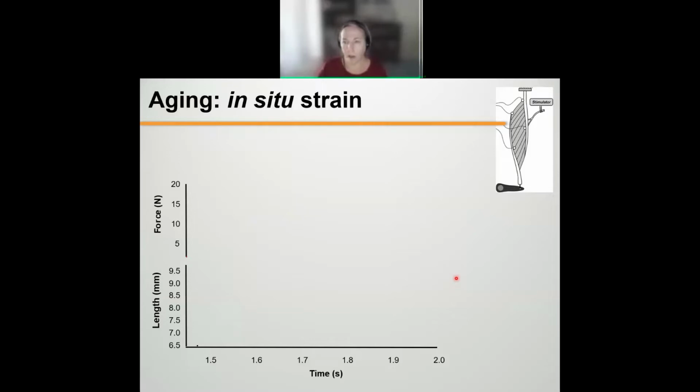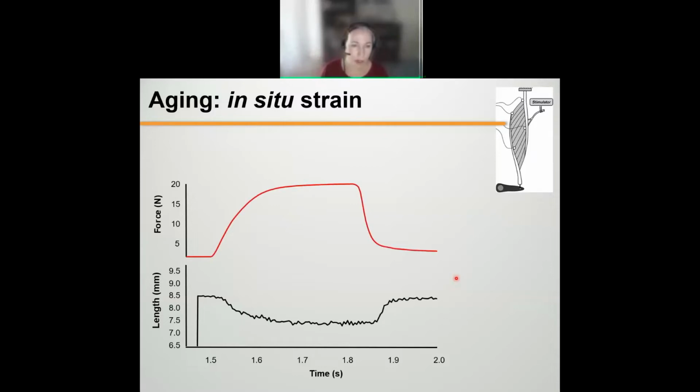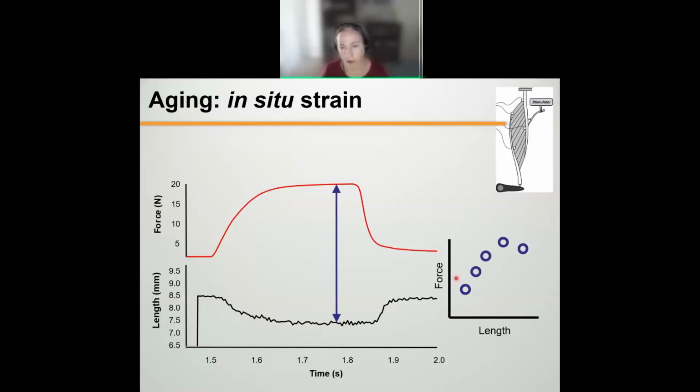We can compare these operating lengths to in vivo stimulated muscle, where we maximally stimulate the muscle to produce force at different lengths. We can map those lengths onto a force length curve. And we can compare what this little bit at the beginning is, that's the passive tension of the MTU.